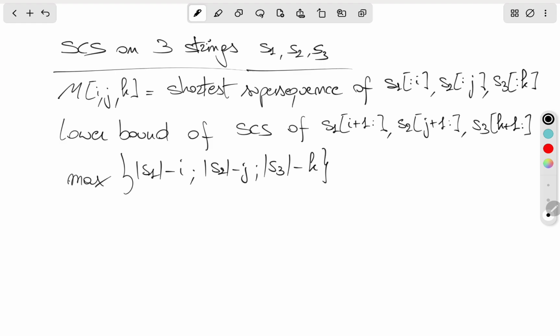Yes, and that's why I stressed the moving from 2 to 3 input strings. I told you, okay, 2 is feasible, 3 is not.